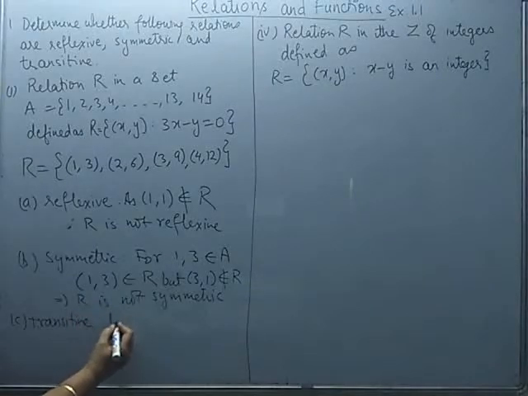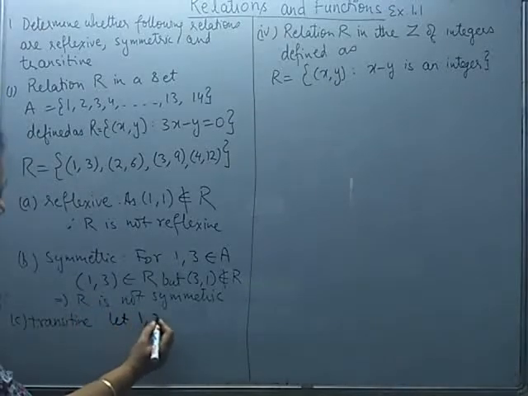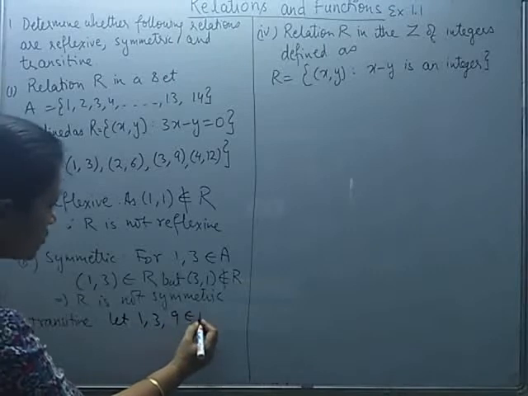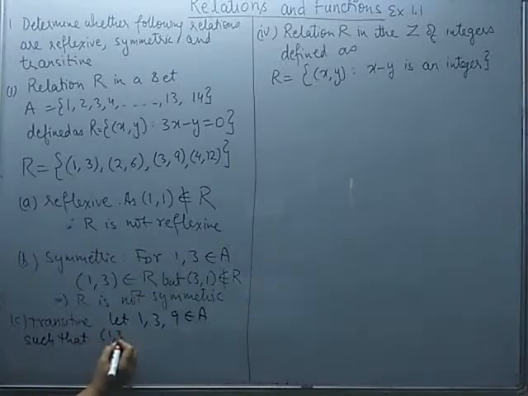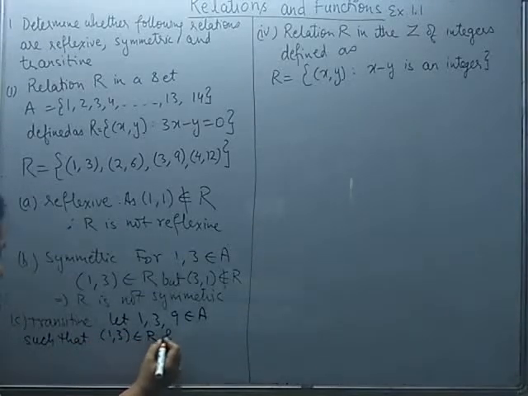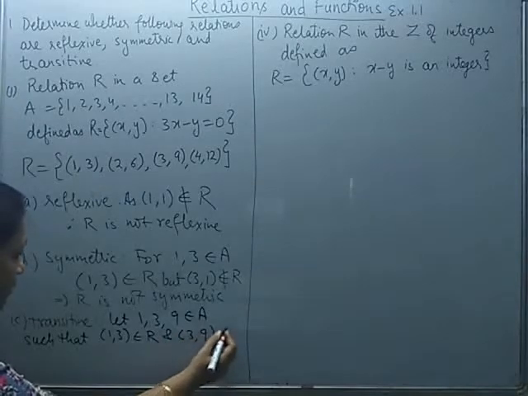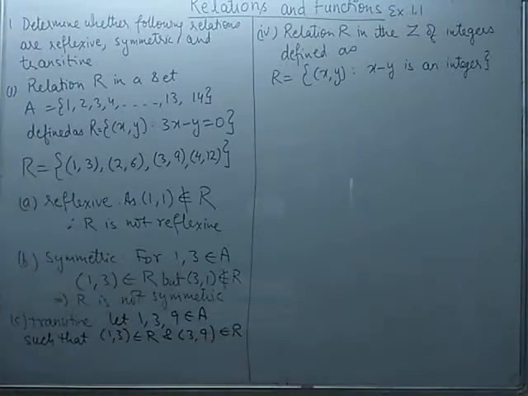So at least I could locate two pairs over here which belong to the set R. We can take, let 1, 3, 9 belong to A such that (1, 3) belongs to R and (3, 9) also belongs to R. So I could locate two pairs fulfilling the given condition.